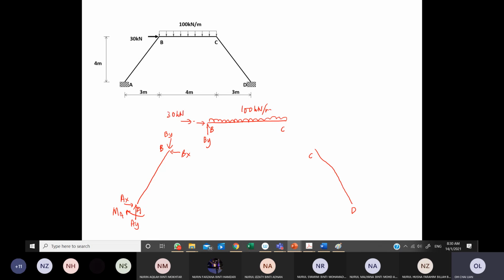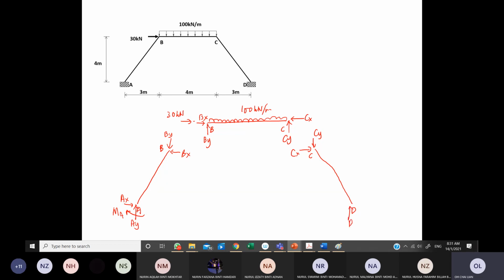We have BX, CY, and CX. Make sure when you write this CY, it will be opposite in the other C. This is upward and the other will be downward, so that you will achieve this equilibrium. And both CY must have the same answer.